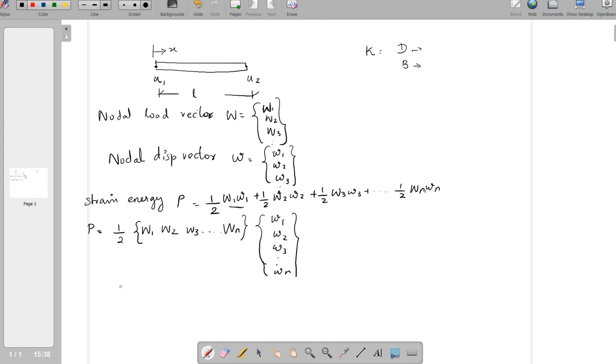In this formula it is arranged horizontally. So the transpose of the W matrix. So this is the transpose form of the W matrix multiplied with the nodal displacement vector. So I am specifying W star as the nodal displacement vector.